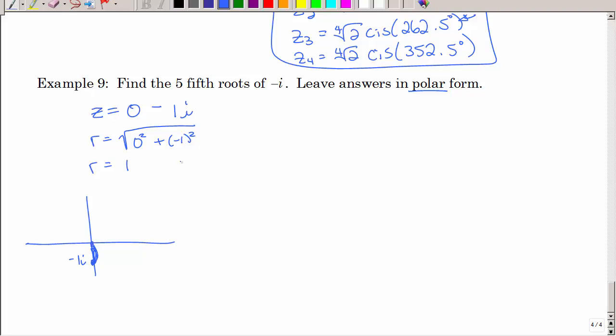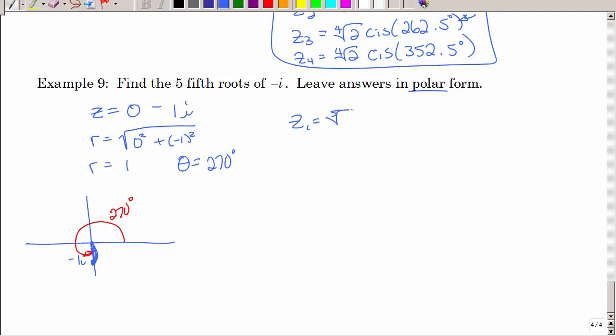And speaking of which, can we just look at that and know what theta is? What is it all the way around to here? Yes, 270 degrees. And that's the easiest way to do it when it's on one of the axes, is just plot it and say, what is this angle? So I have my r and I have theta. I need to know the fifth roots.